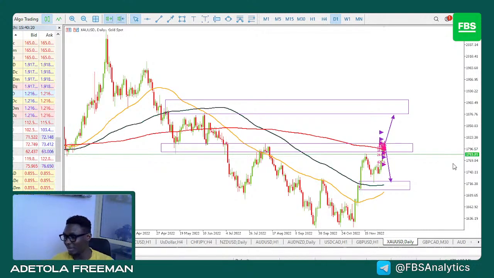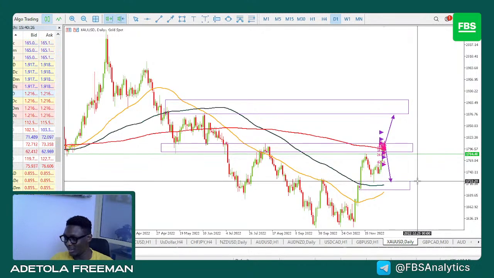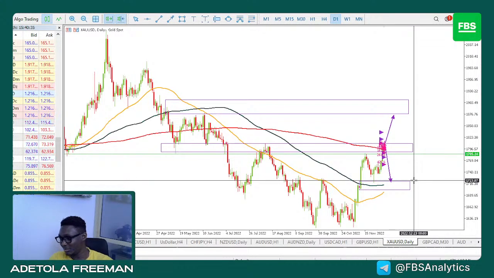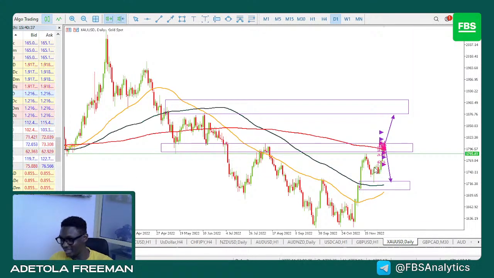And I think that my overall target for a sell is all the way down here, 1722. I expect gold to drop at least all the way down to 1722 before I can even start to expect a possible buy.